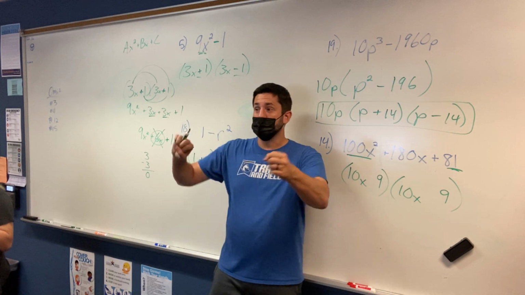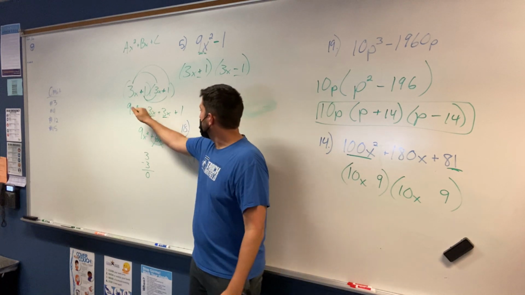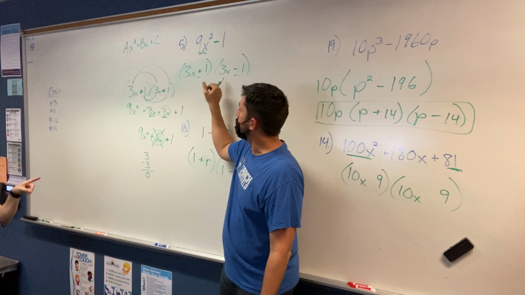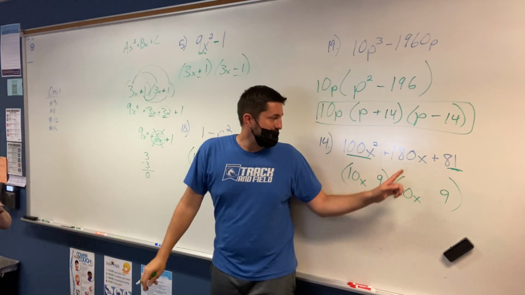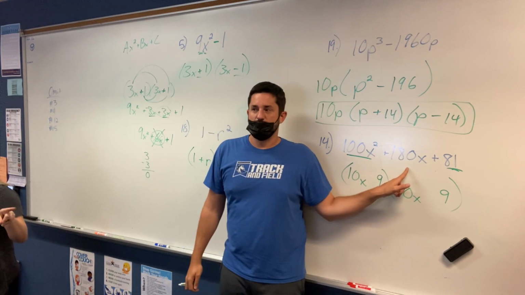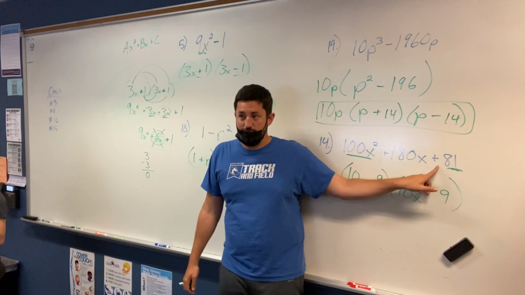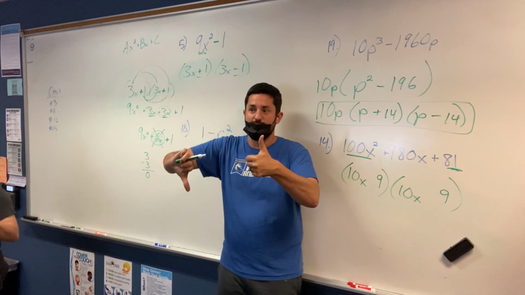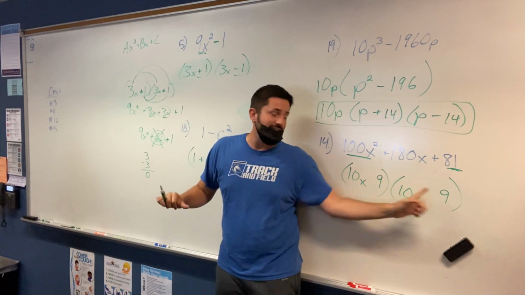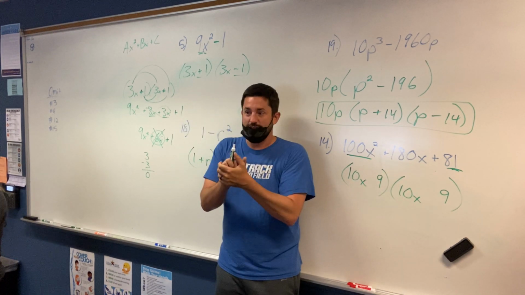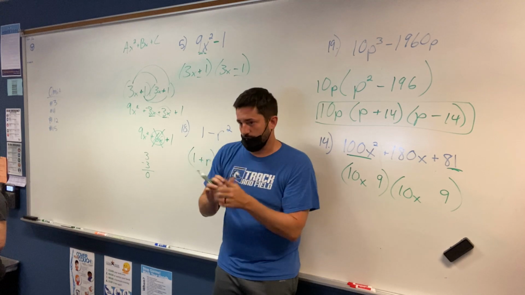Are the signs going to be opposite? No, because if they were, we'd have some canceling going on. It'd look different. So this tells us the signs aren't opposite. And this also tells us the signs aren't opposite, because if they were, that 9 and that 9 would multiply to get a negative 81, right?